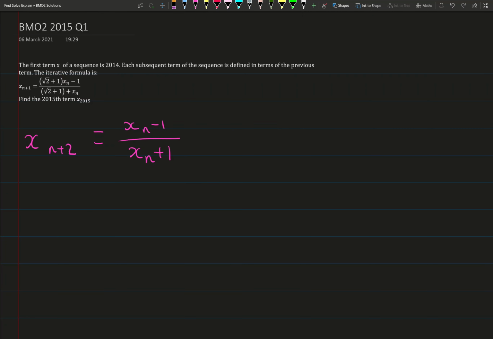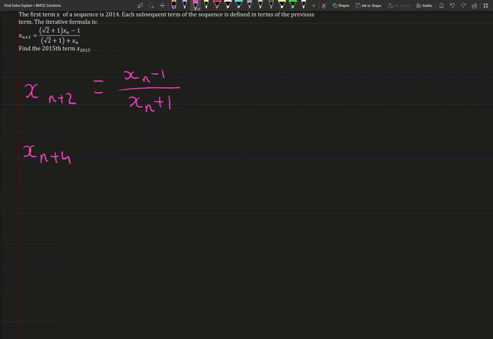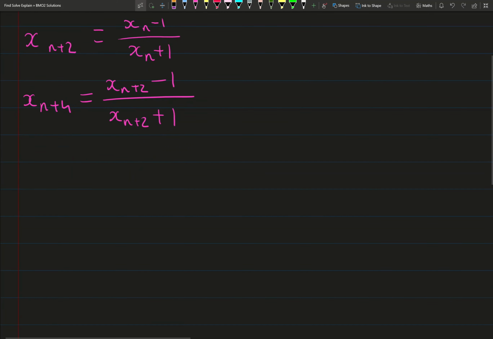Okay, so from here we're basically going to do the same thing, as this looks like it might lead to something where we can easily find something as large as the 2015th term. So we basically do the same thing, and that says x_{n+4} equals (x_{n+2} minus 1) over (x_{n+2} plus 1), and so this simplifies to.